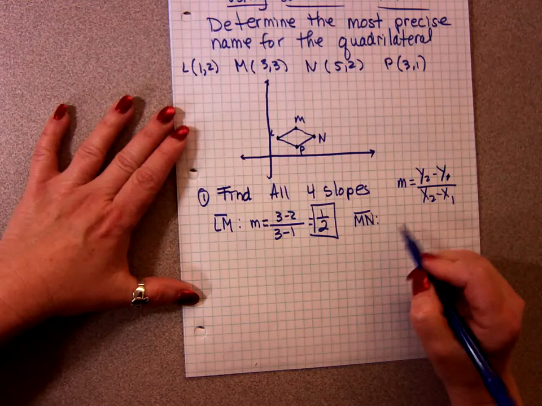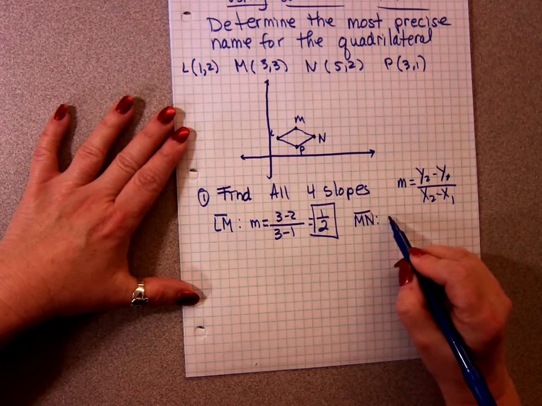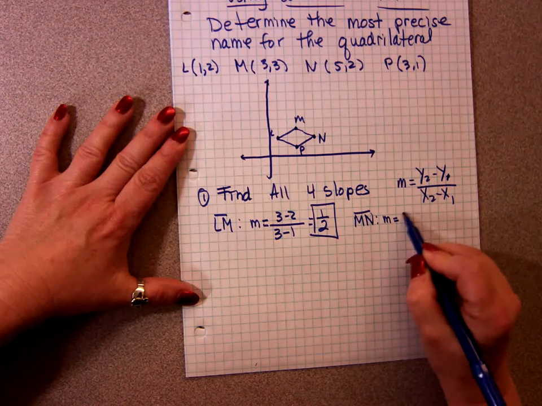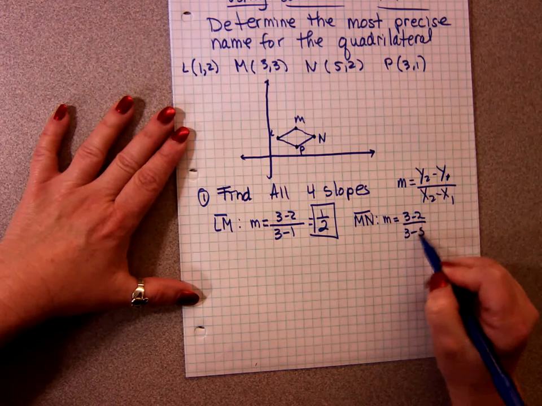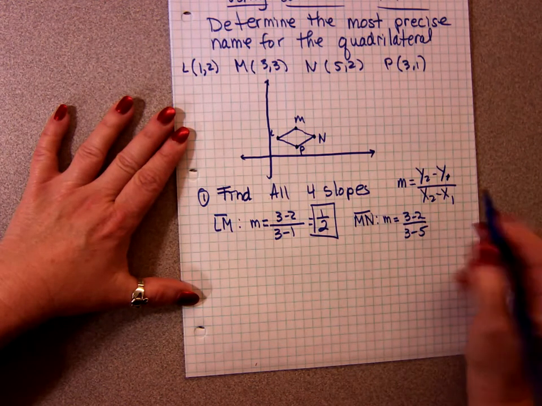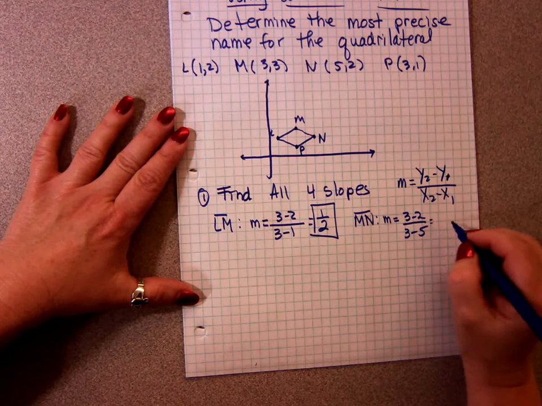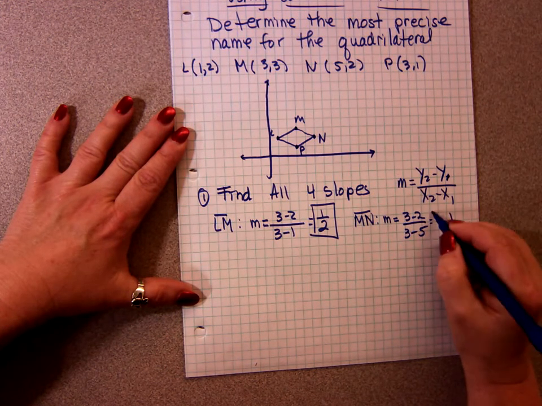About the slope of MN: 3 minus 2 over 3 minus 5 equals negative 1/2.